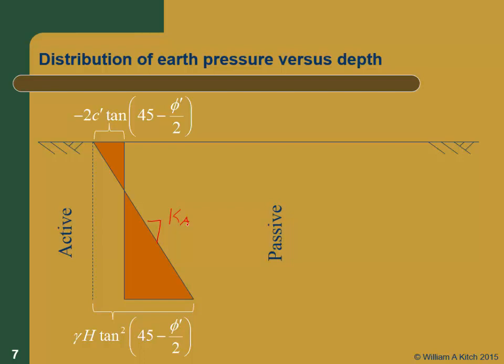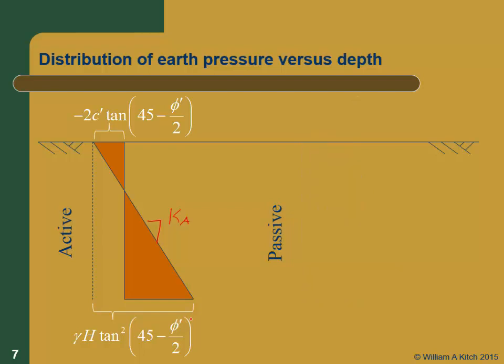And at the base, the amount that I'm going to add there is gamma h times tan squared of 45 plus phi over 2. This term remains constant, right? And this is the amount I'm adding due to sigma prime v.